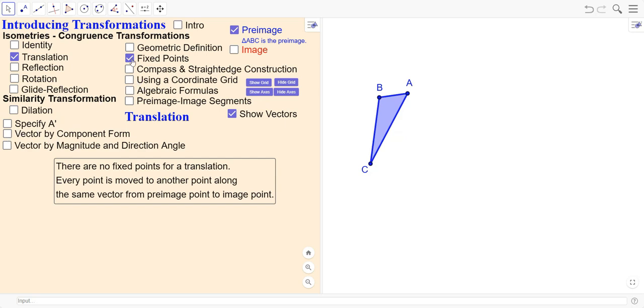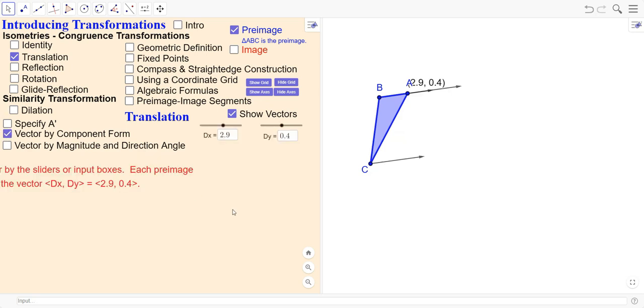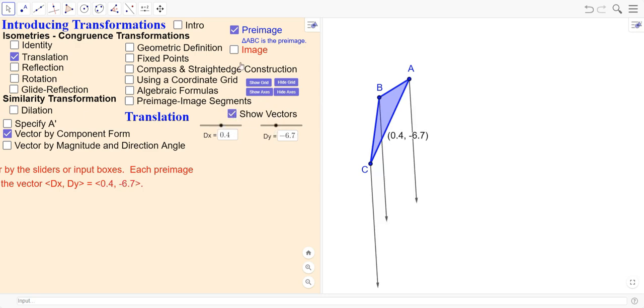Okay, how else can we look at this? We could specify the vector by component form. That is, you give it the change in x, delta x or dx here, and delta y or dy here. I can control the change in x here and the change in y here.